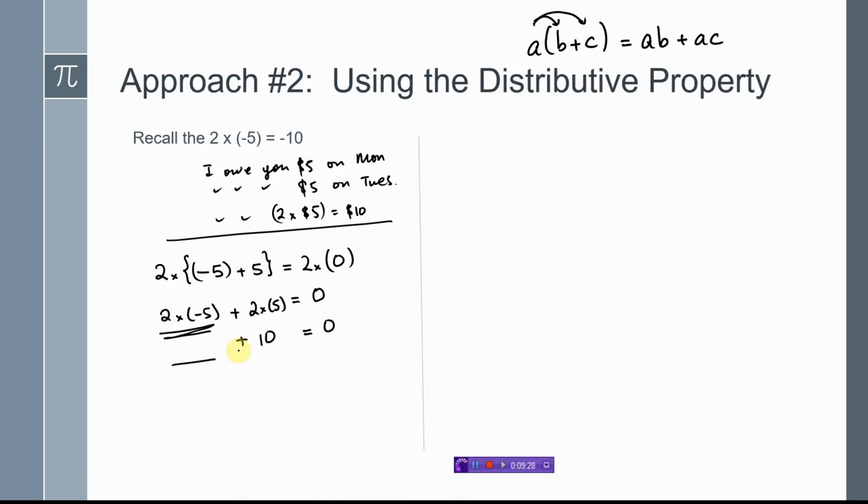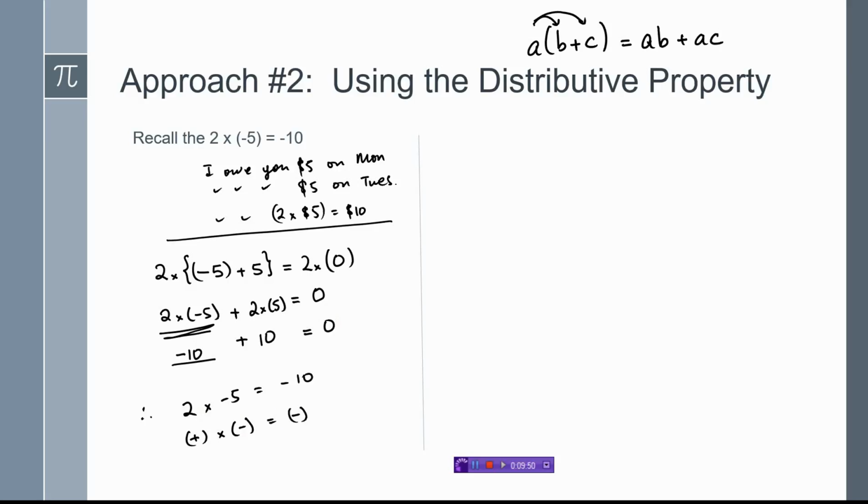Well, the only thing that I could add to 10 to end up with nothing is a minus 10. So what we have here is 2 times negative 5 is negative 10, or looking at the signs, a positive number times a negative is equal to a negative.